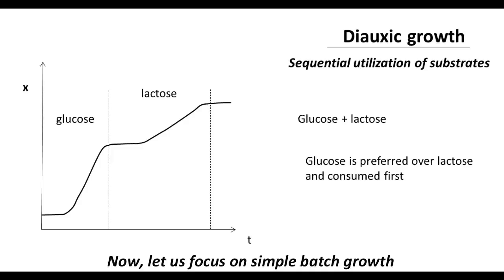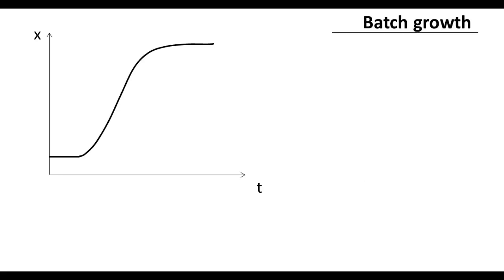Having said this, for our analysis, let us focus on simple batch growth that we saw earlier. One organism, one substrate, so one limiting substrate. Batch growth, as we saw with real data, cell concentration versus time, a lag phase, something called a log phase, and a stationary phase.